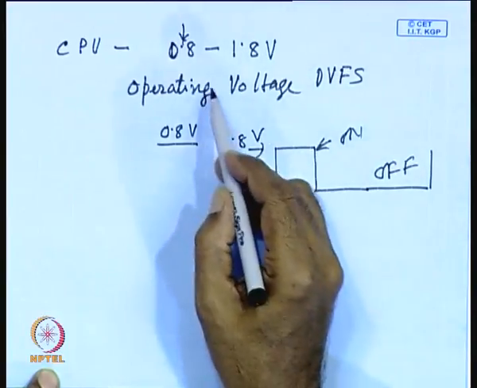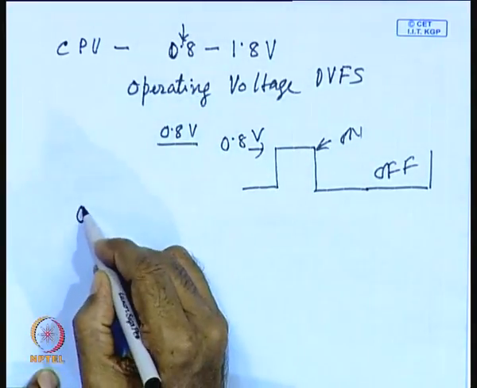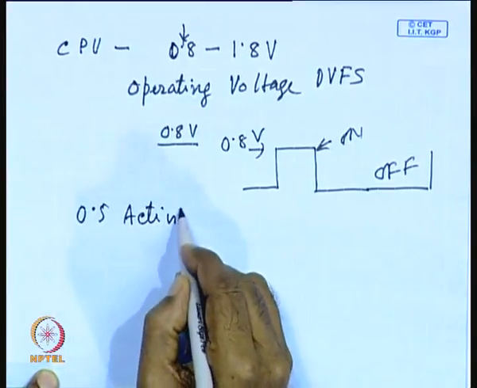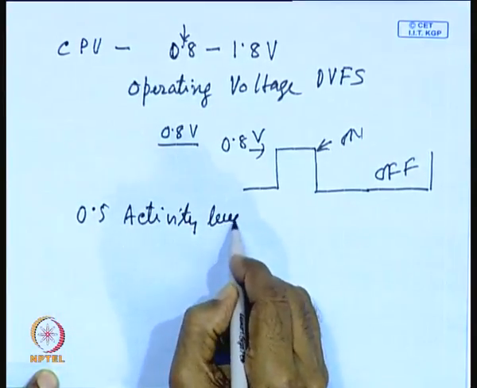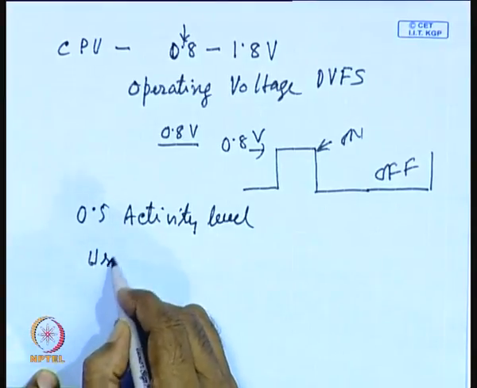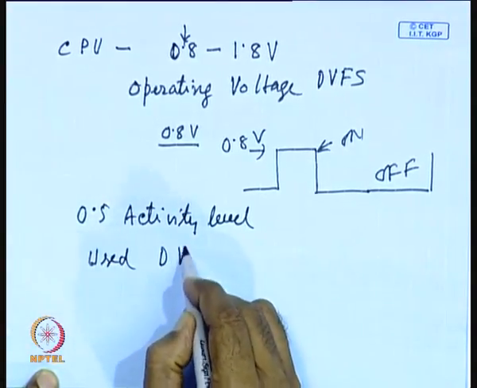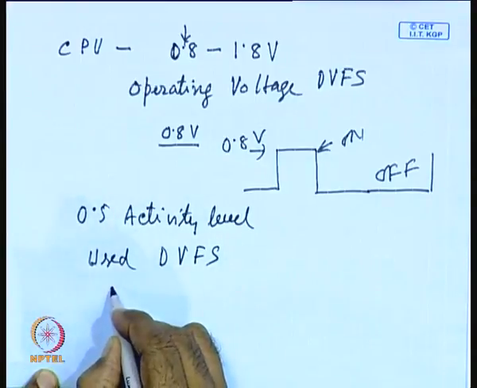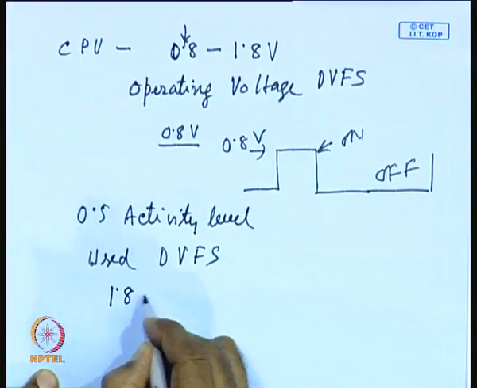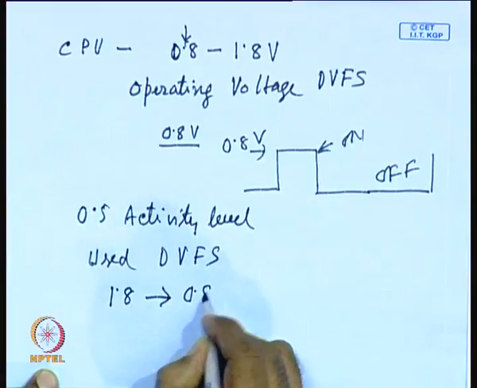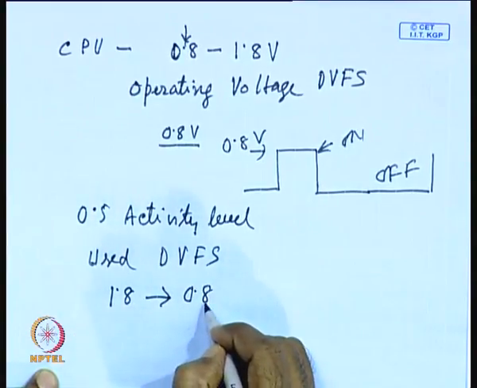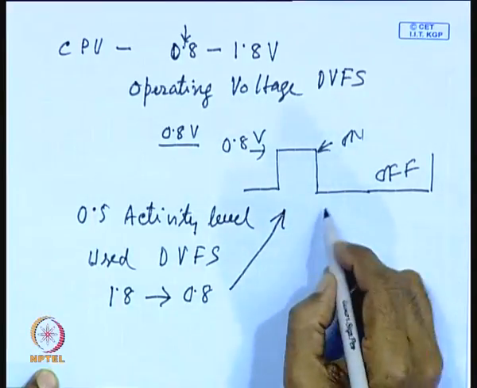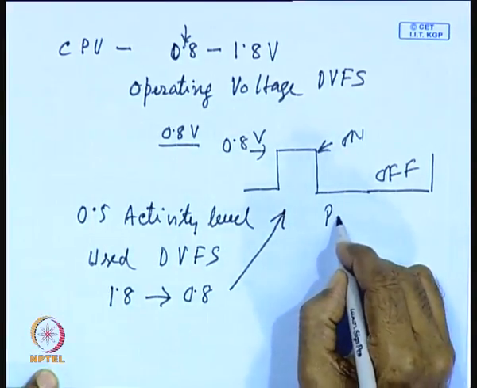Now, up to say 0.5 activity level, you have used dynamic voltage and frequency scaling. During this period, the supply voltage has reduced from maybe 1.8 to 0.8. Since the supply voltage cannot be further reduced, you now use this power management or power gating.